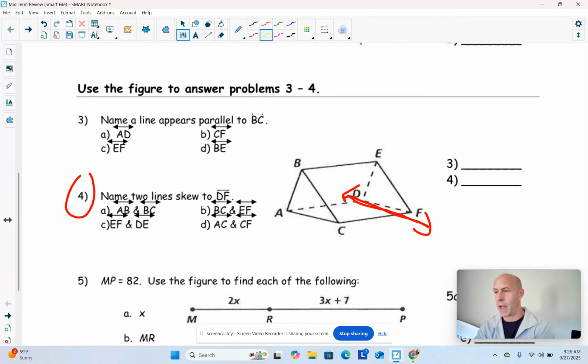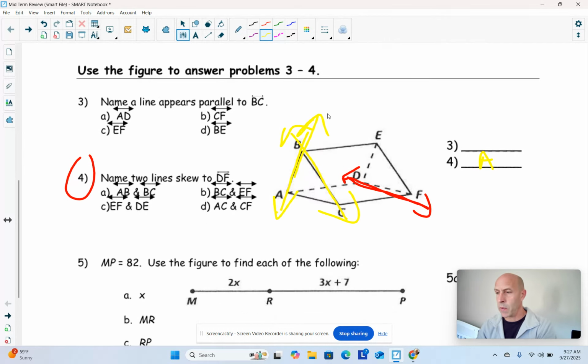So for example, AB works if we look at option A, and BC, oh actually that looks good, because AB would be this line, and then BC would be this line. And those are not in the same plane as DF, and they are not parallel. So I'm going to say the answer for number 4 is A.